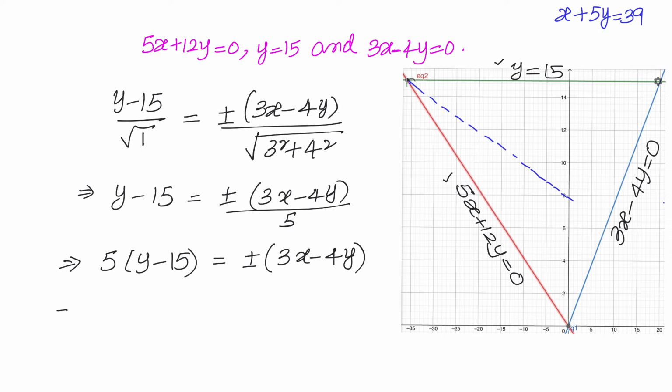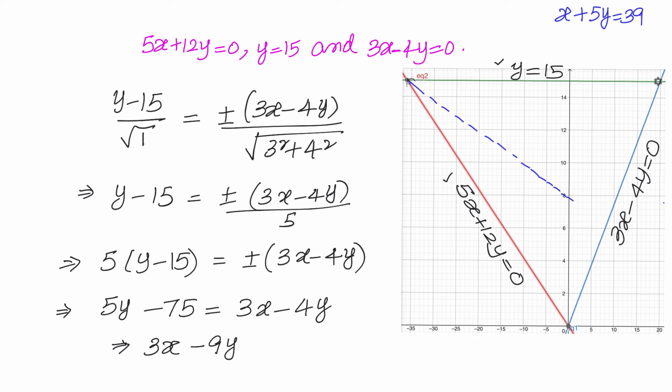First let's do the first one. By taking plus, we will have 5y minus 75 equals 3x minus 4y, or we can say 3x minus 9y equals minus 75, or we can divide by 3 and write x minus 3y equals minus 25.